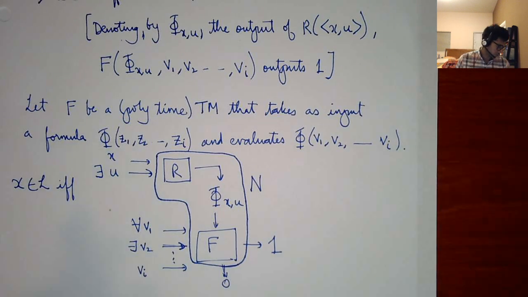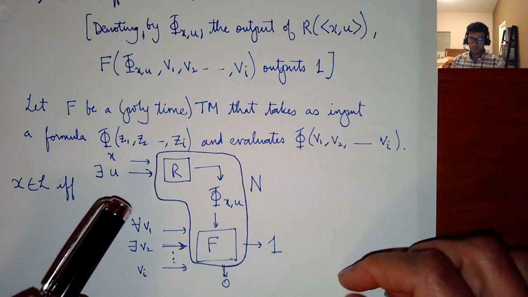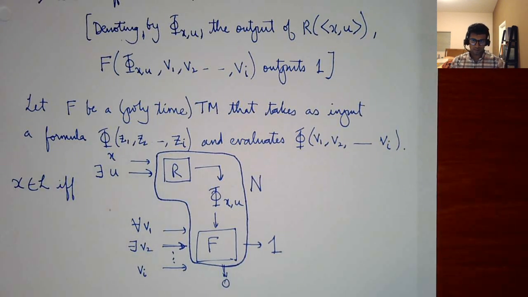So this is, in some sense, back to the original definition. I have all these quantification switches. My problem is, I want to sort of convert this.